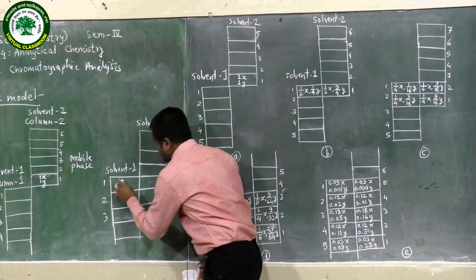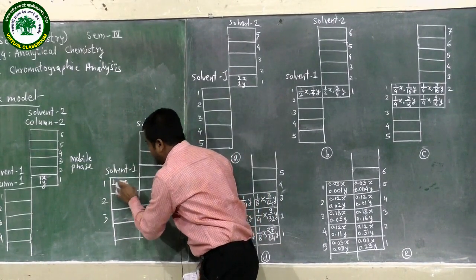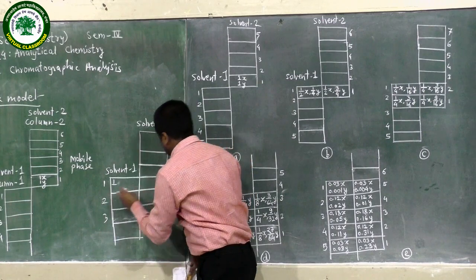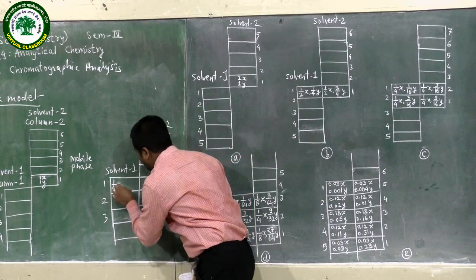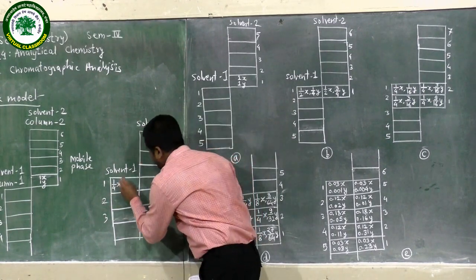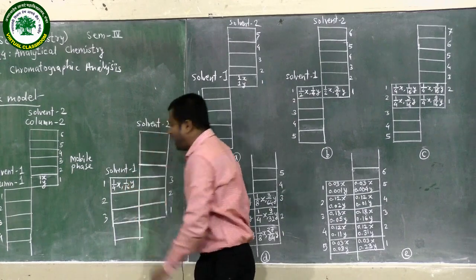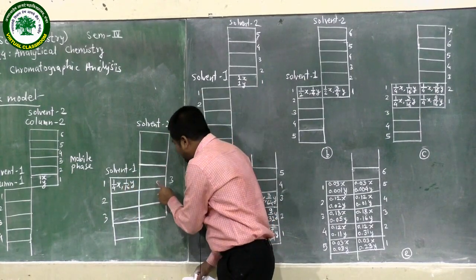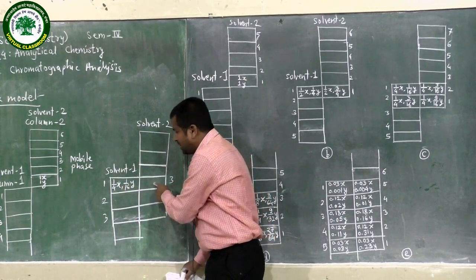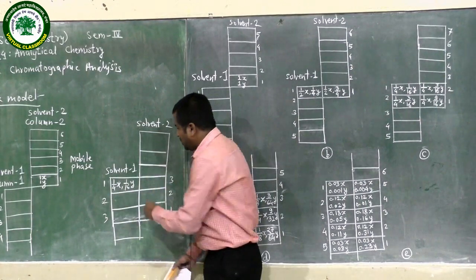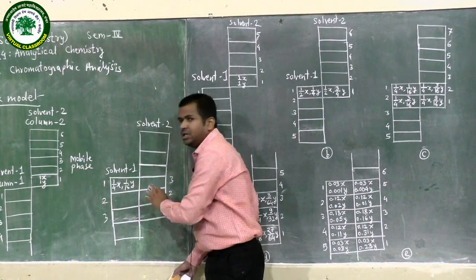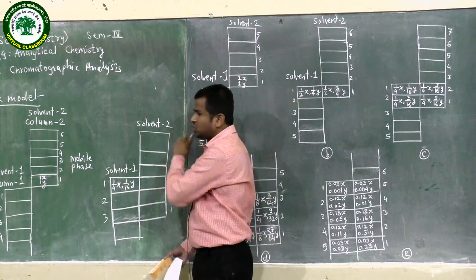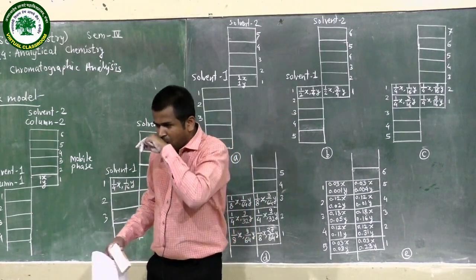So here in the first box of solvent column 1, we have a solute concentration 1 by 4x and 1 by 16y, whereas in front of these, that is column 3, it is a fresh layer. So your solute gets distributed in this fresh layer of solvent 2.